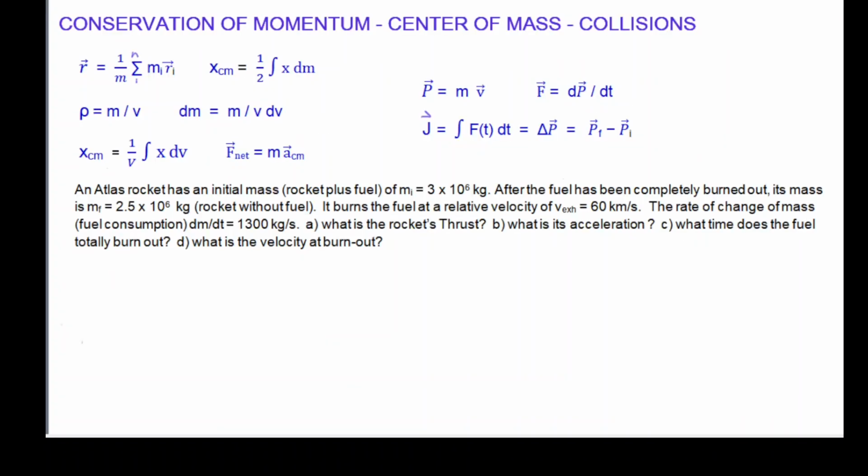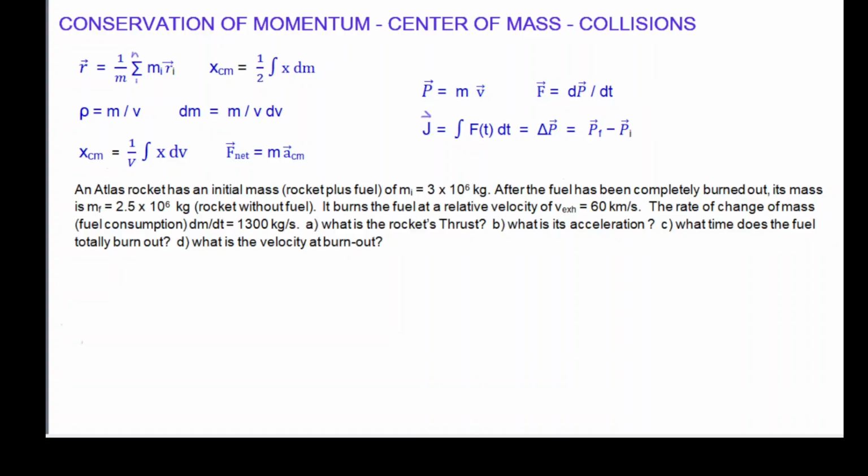Let's do a rocketry problem. An Atlas rocket has an initial mass, rocket plus fuel, of m initial equals 3 times 10 to the 6 kilograms. After the fuel has been completely burned out, its mass is mf equal to 2.5 times 10 to the 6 kilograms, which is the rocket without the fuel.